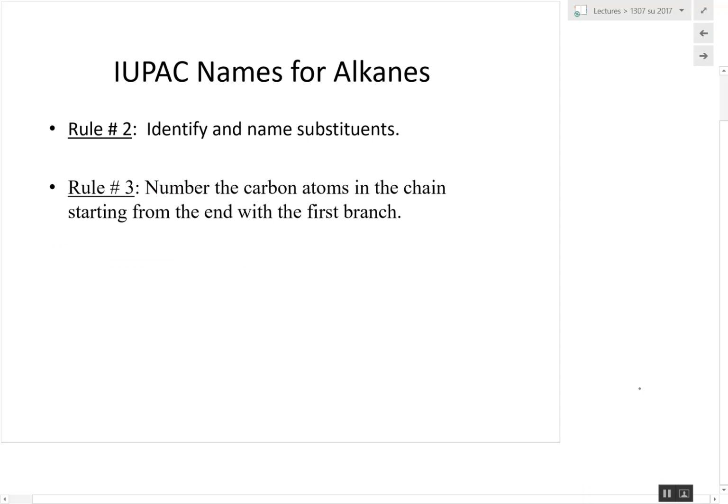So identify and name the substituents. And rule number 3: number the carbon atoms in the chain starting from the end closest to the first substituent. So we want to number the carbons.